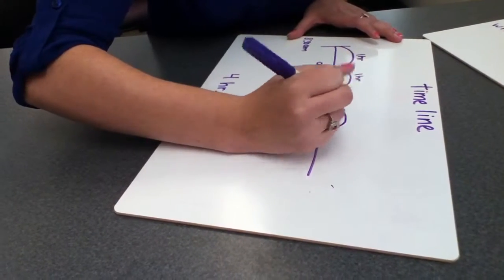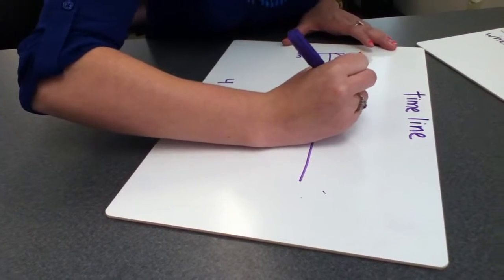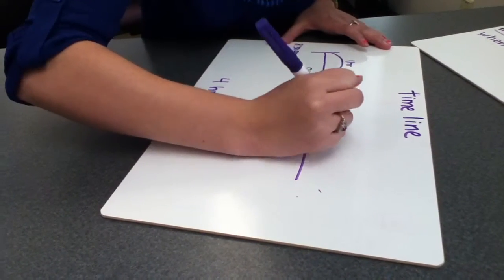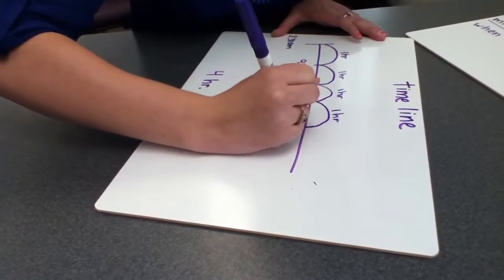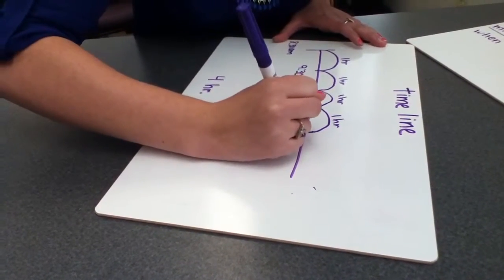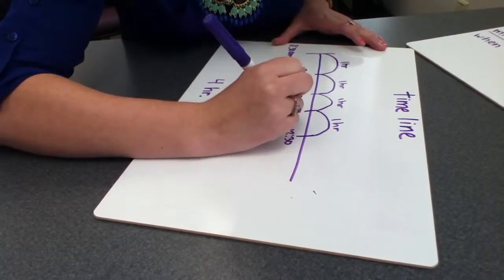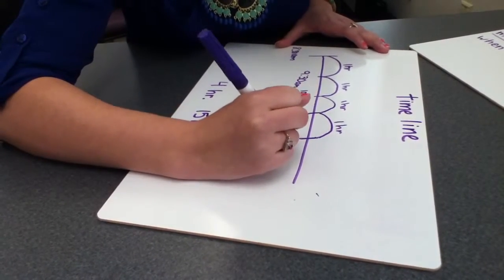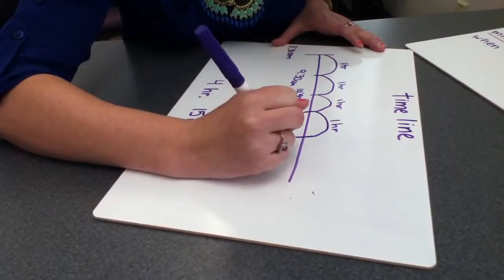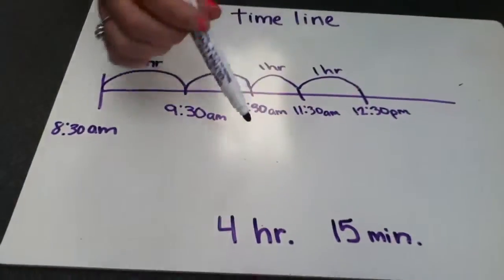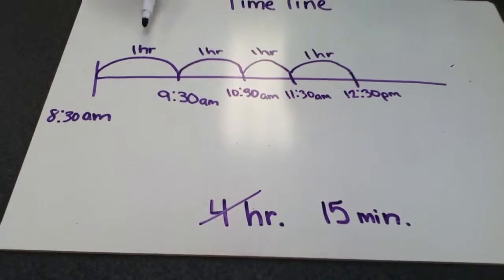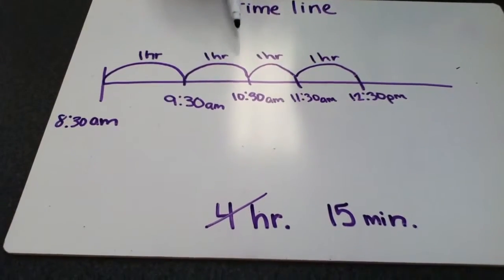It's a little uneven. Okay, so now we've knocked out all of our 4 hour jumps, and each hour consists of 60 minutes.